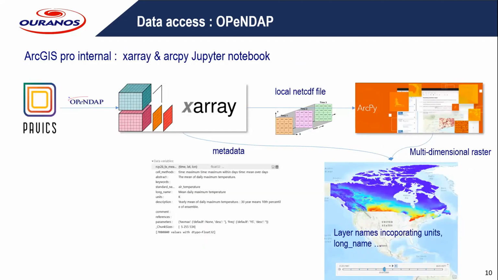So sticking with the same OpenDAP data access protocol, if I had a recommendation of how to move forward, this would be the pipeline of data processing that seems to be the most promising right now. Within the internal Conda environment of Python, one of the dependencies is the library Xarray.